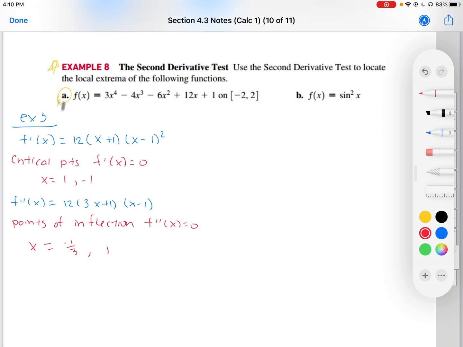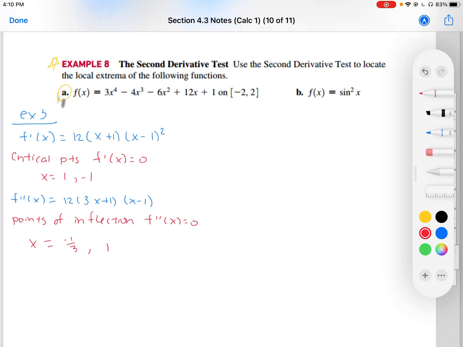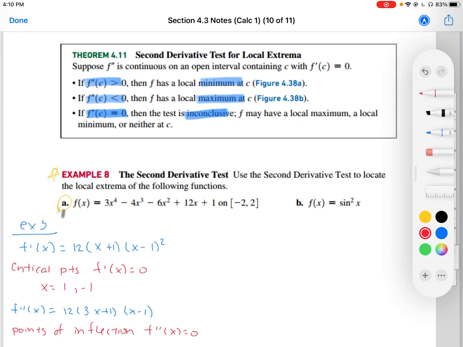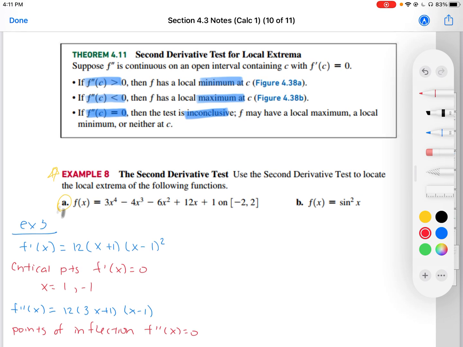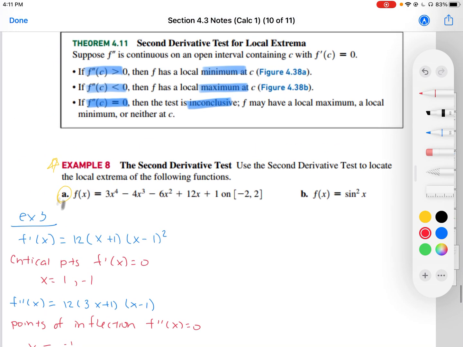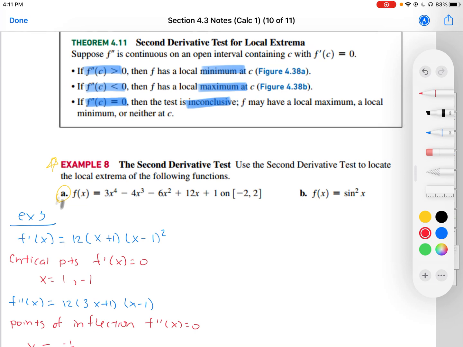All right, now let's put this all together to locate an extrema. Based on our theorem, if our second derivative is positive, then it's a minimum. If our second derivative is negative, then it's a maximum. So let's go ahead and test these critical points, because these numbers come from when we set our derivative equal to 0, thus our critical points.